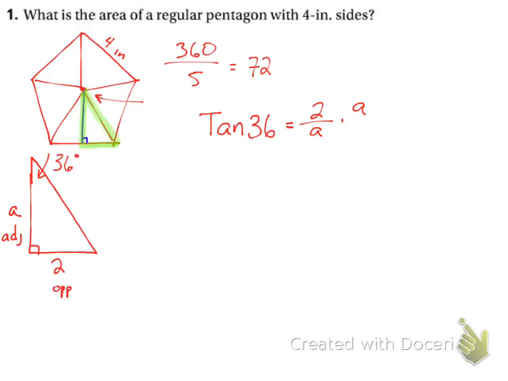I can then multiply both sides by A, and then divide by the tangent of 36. And I get my apothem is 2.75.